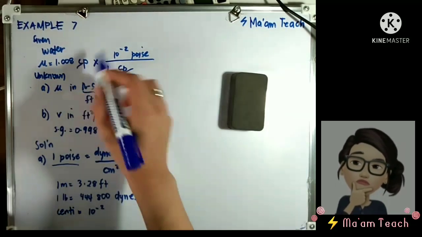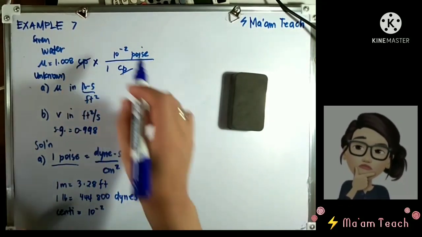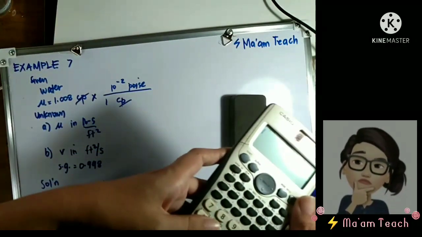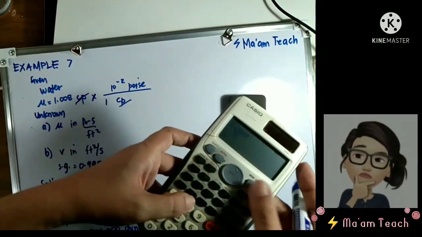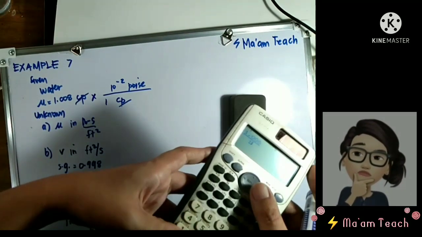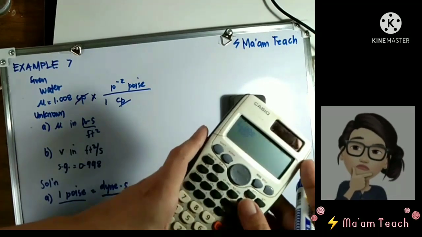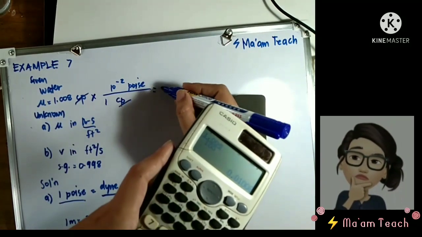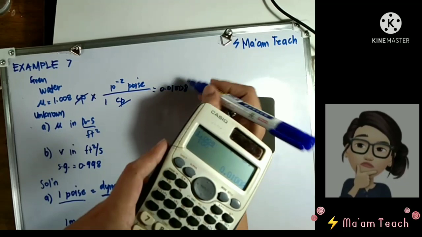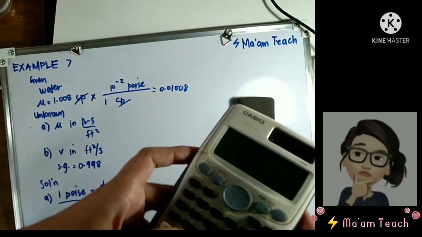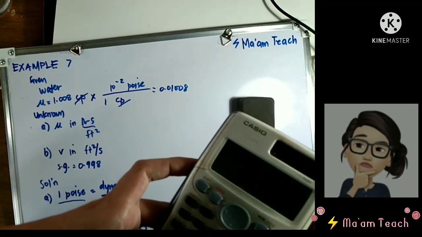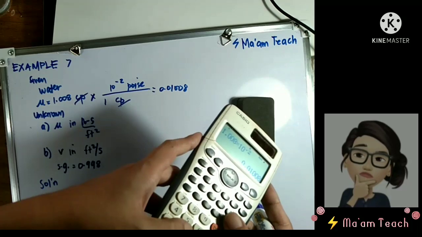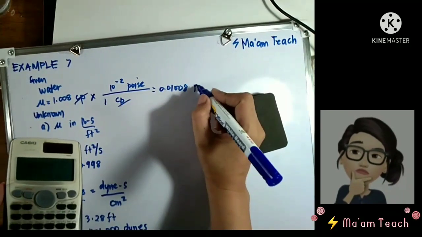All you have to do is divide your 1.008 by 100. That is 0.01008, or if you really want, 1.008 times 10 raised to negative 2. They are just the same. So the unit now is in poise.